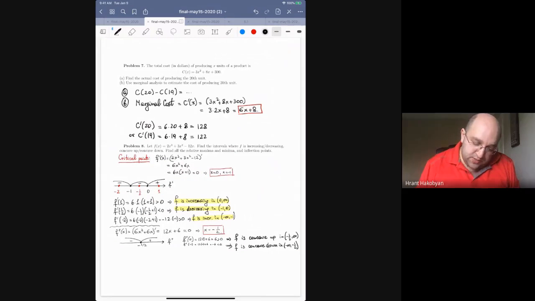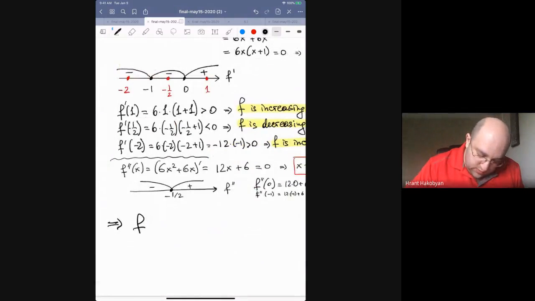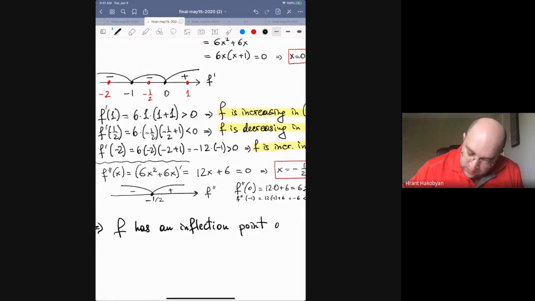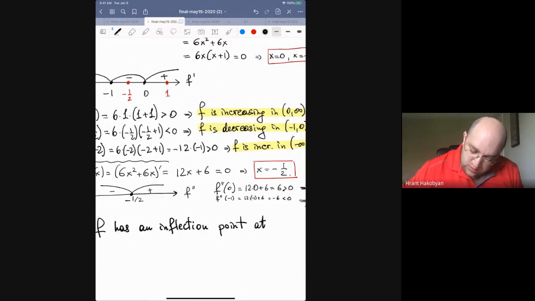So that means in particular that f has an inflection point at x equals negative 1/2.